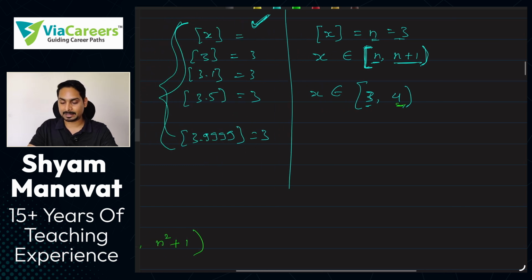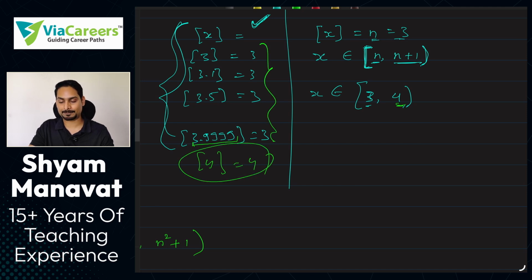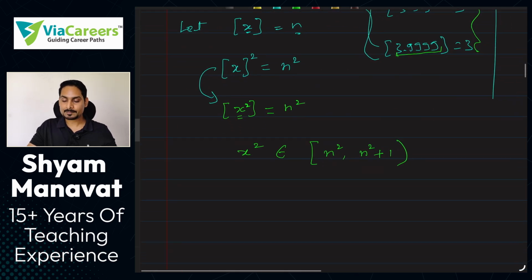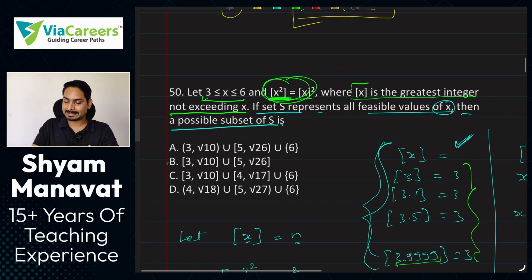Like it can take 3.99999, but it can't take 4. The moment it takes 4, the output will change. It becomes 4, and we want the output same, 3, same integer. Got it?